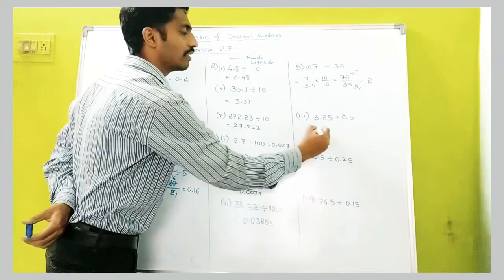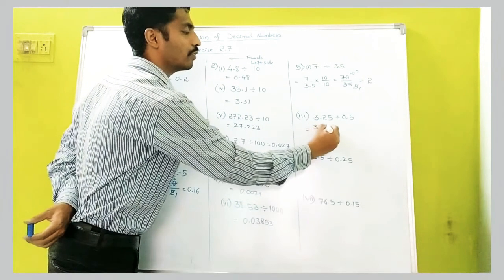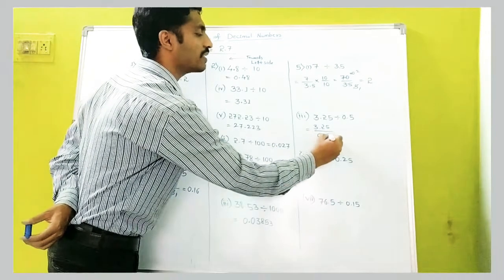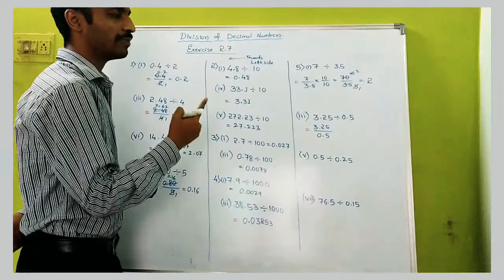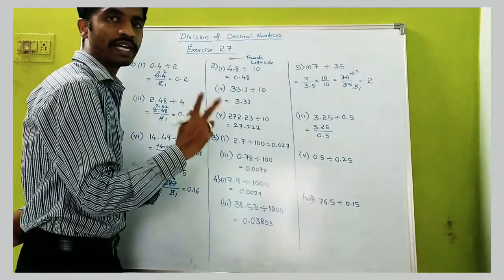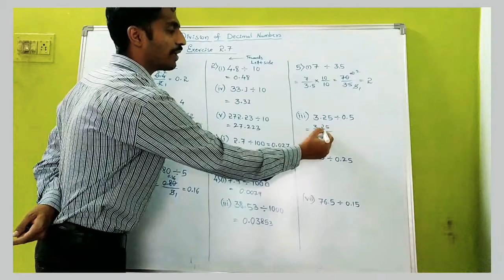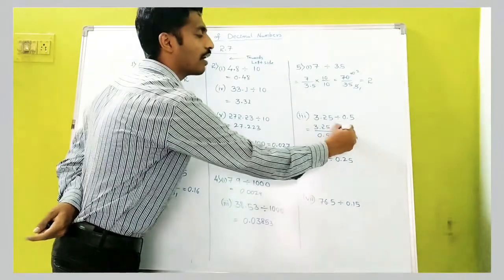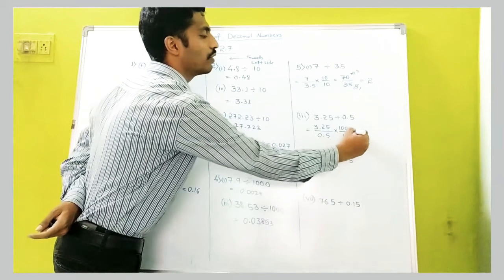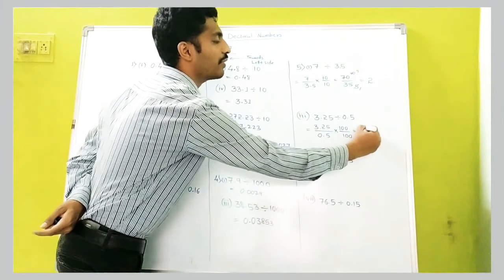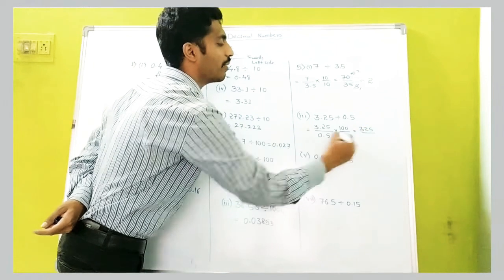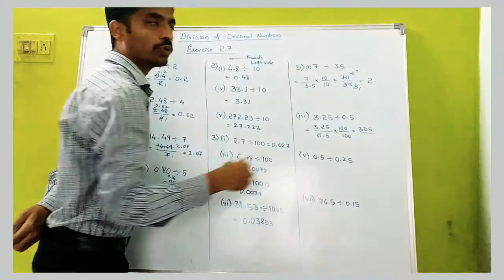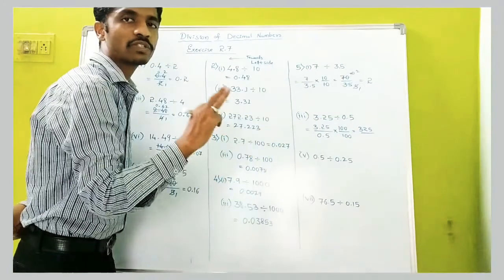Now taking this, 3.25 is there, divided by 0.5. How many maximum decimal places are there? 2 maximum decimal places here, 5 and 2. So 2 places means we have to multiply by 100 by 100. So our answer will be 325 divided by 50, because we have to move right 2 places.